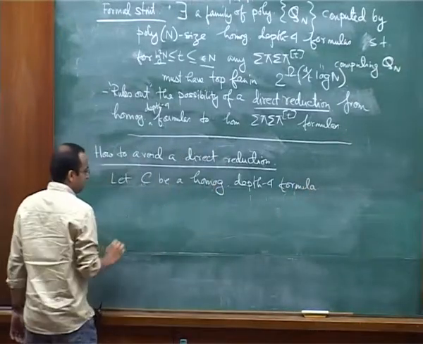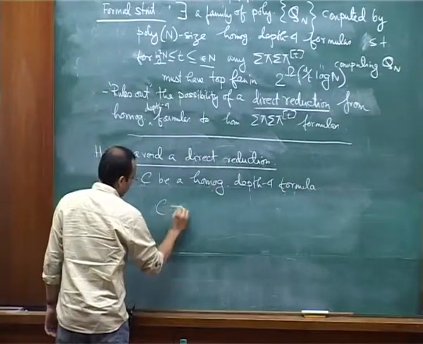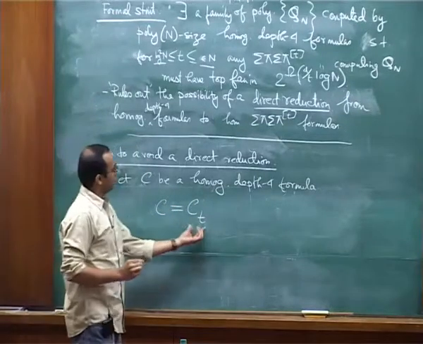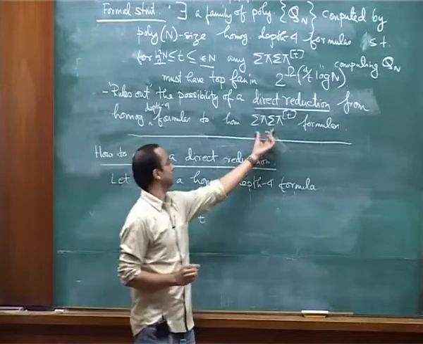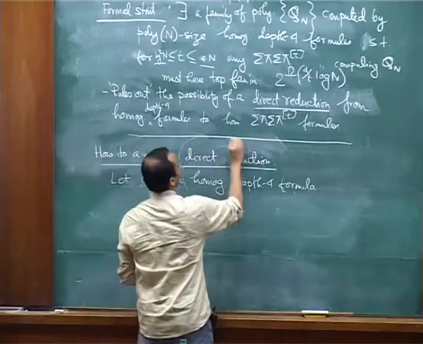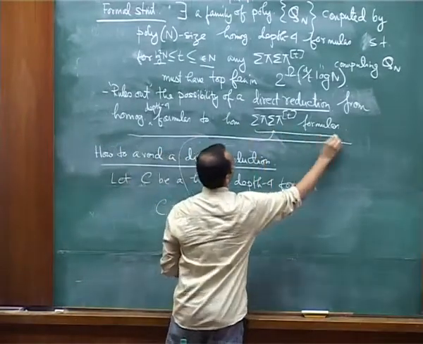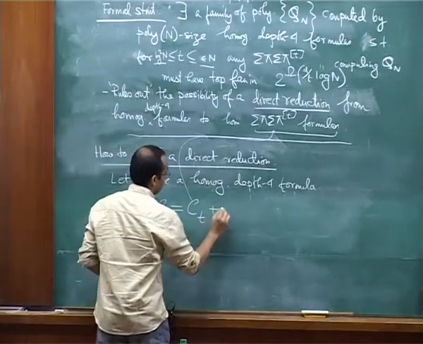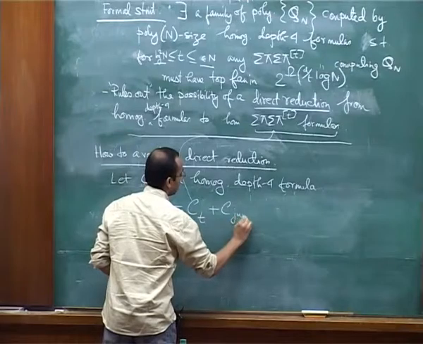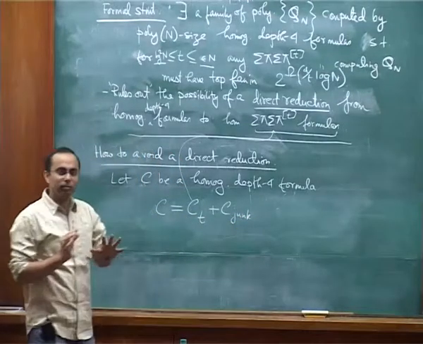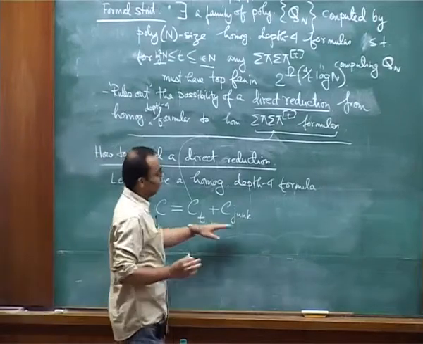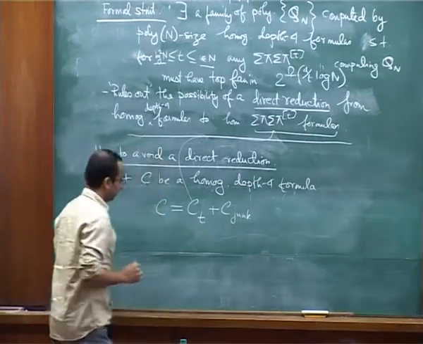Now, it is conceivable that C might not exactly be computed by a small Ct, where Ct is exactly this kind of formula. But maybe C is Ct along with some other polynomial, C junk, which actually helps in the computation.